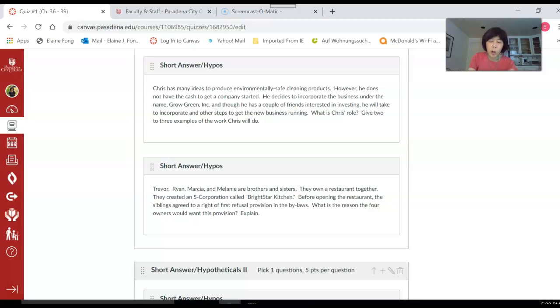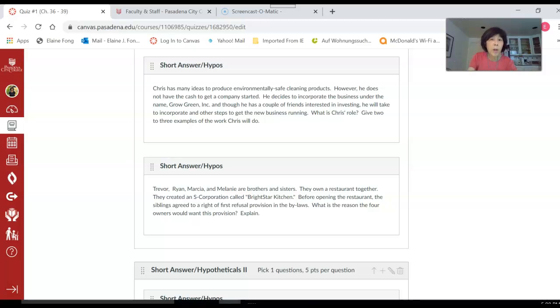So he would be in charge of getting the articles on file, maybe prior to that, checking out the name that he proposes, Grow Green, Inc. He would be taking care of the documentation other than the articles, which would include bylaws, and he may be trying to find office space to get the company up and running. All right, he might even be hiring people, either professionals to help him to do this, or even employees for the new company just to get up and running.